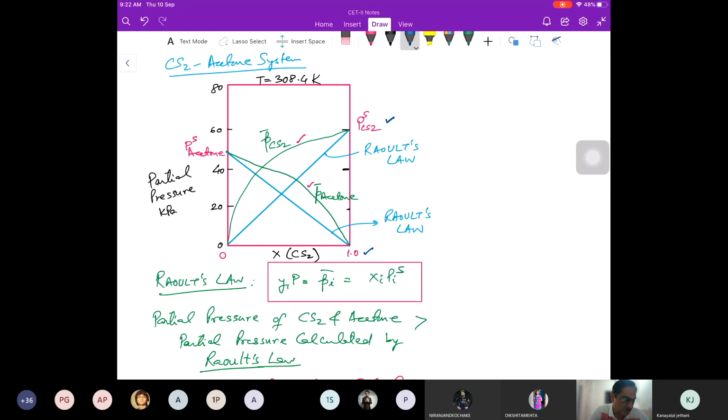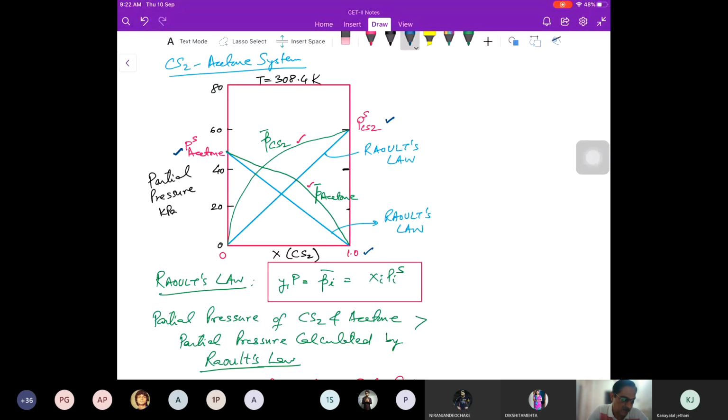It is CS2 acetone system, right? When CS2 is 0, how much is acetone in the solution? 1. That means it is pure acetone. यहाँ पर that is vapor pressure of acetone, right? And this is a straight line essentially.